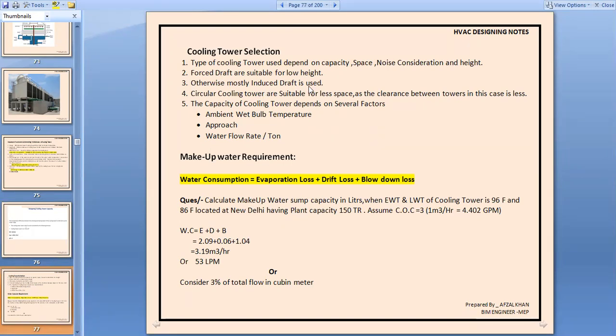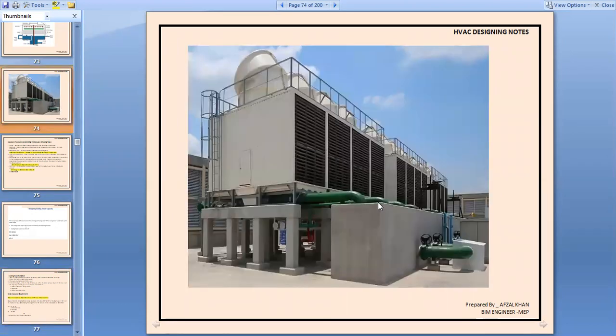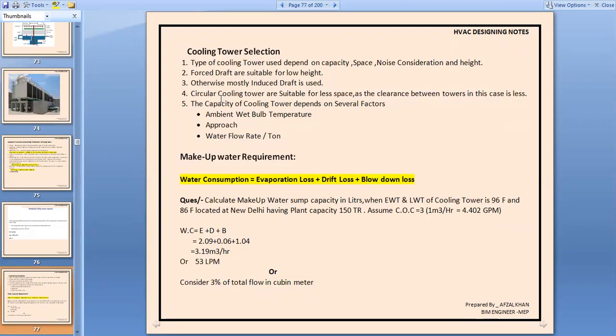If you have a height constraint, then you can go with forced draft. A circular cooling tower is suitable where there is a space constraint, whereas this one is rectangular, where we don't have any space constraint. With circular, the space clearance between cooling towers is less.